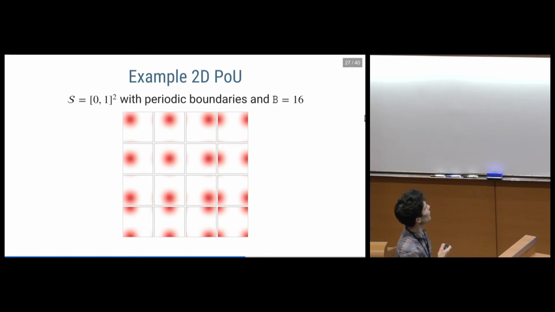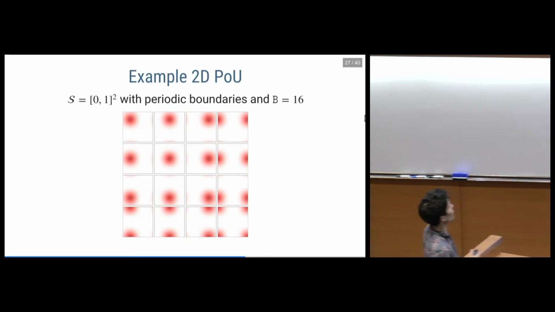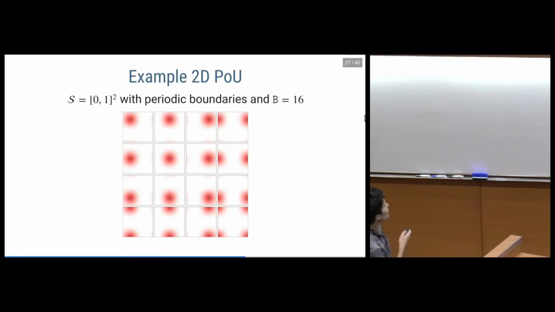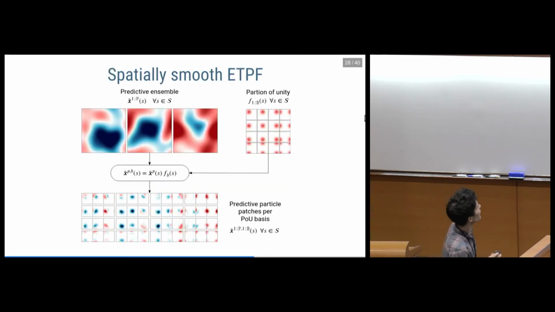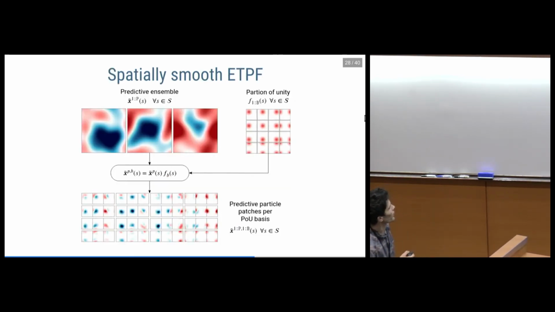Okay, so this is an example of what a partition of unity might look like on, let's say, a two-dimensional space. We just have a set of these bump functions tiled across our space. How do we use that in practice?